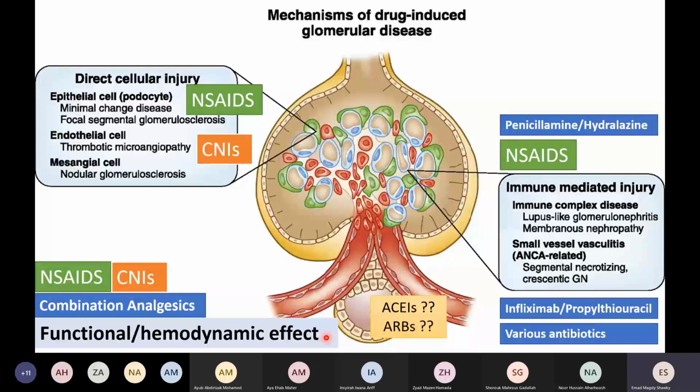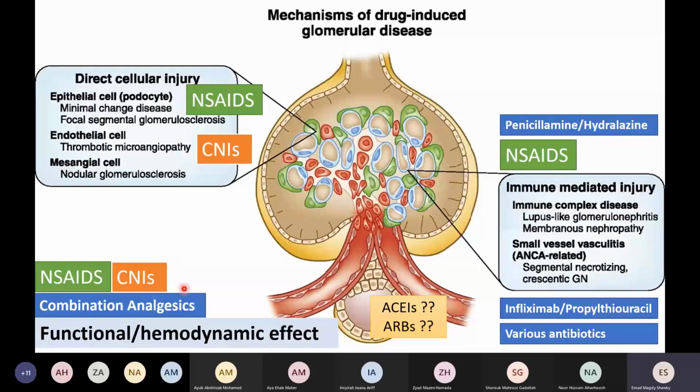This is the effect on the afferent and the efferent arteriole. We have drugs that constrict the afferent arteriole, so it will decrease the intraglomerular pressure, and sure, it will decrease the GFR. The very important of those are the non-steroidal anti-inflammatory drugs and the CNIs and the combination analgesics.